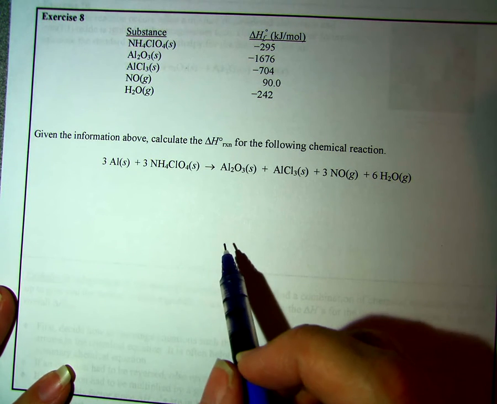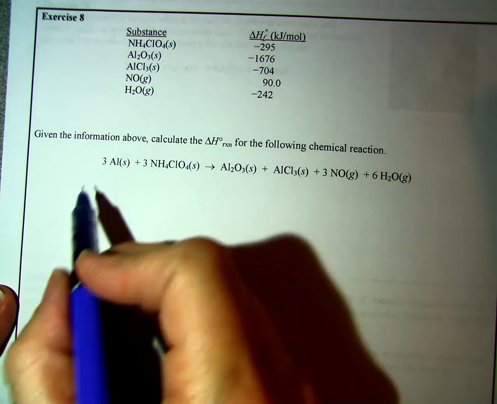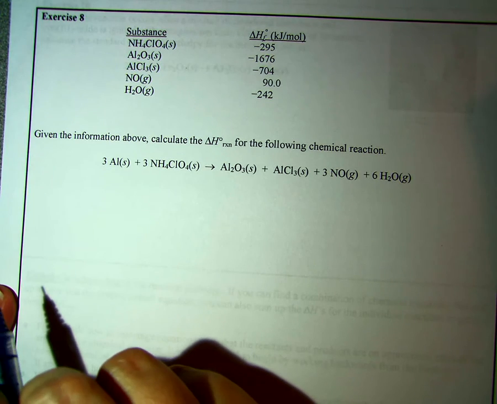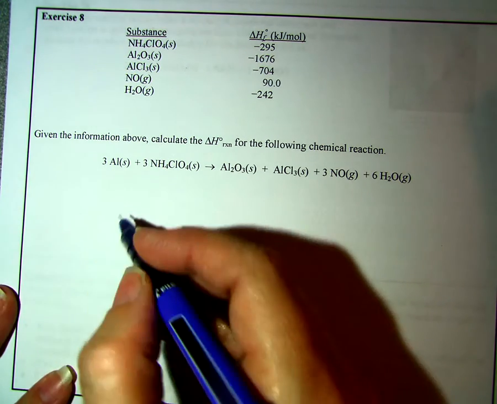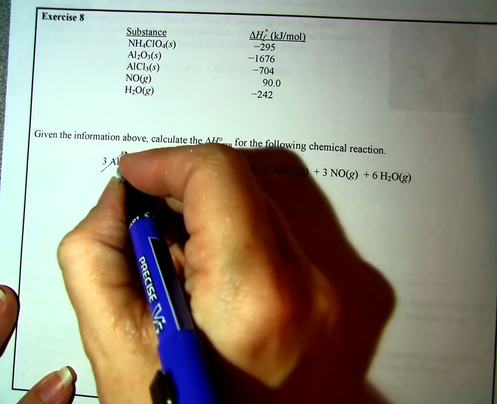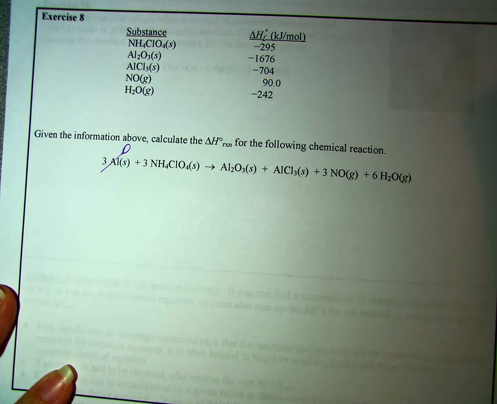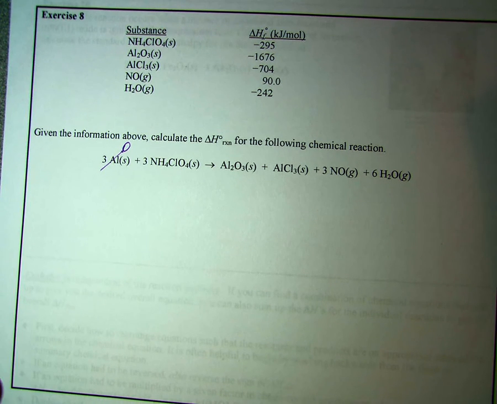So the first thing you've got to do is look and see if there's any of them that are just elements by themselves that can be crossed out. So aluminum is that. That's a 0. We don't have to worry about it. And that's it. All of the others are parts that actually have heats of formation, so we're going to have to use all of those.